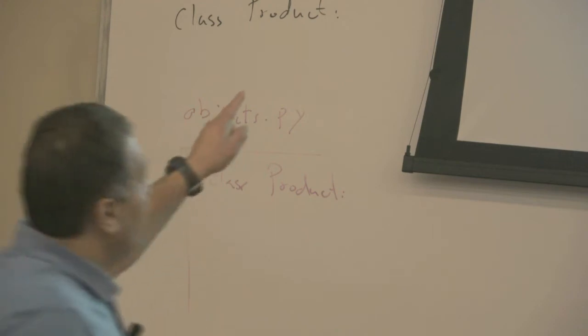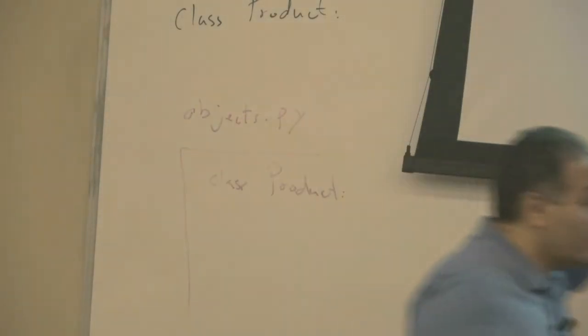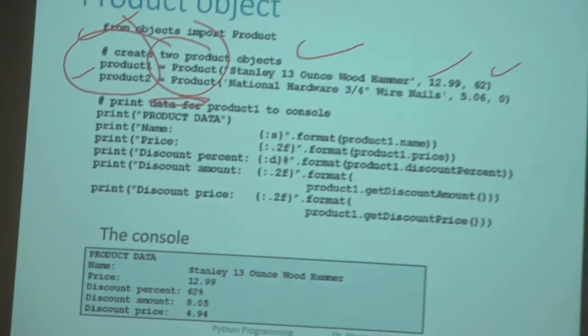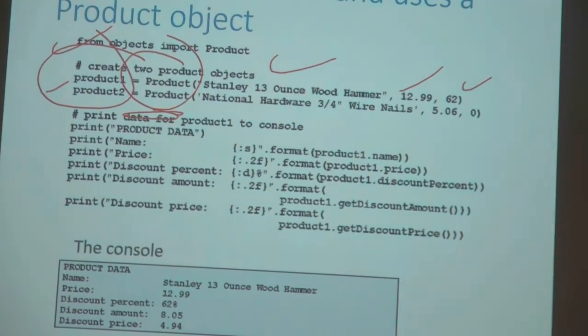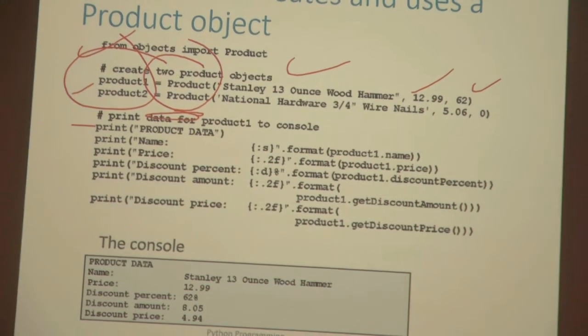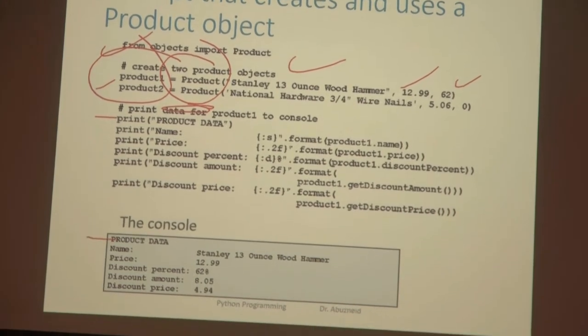All right. So in here, after I created the two objects, we have, as you see in here, print. A print of the text product data, which appeared in here.